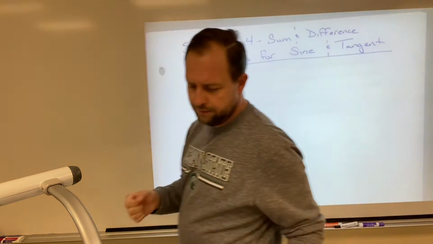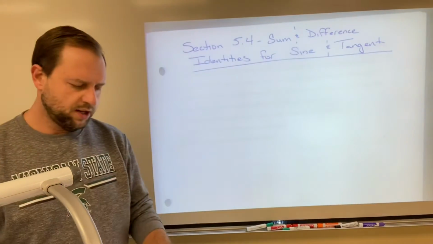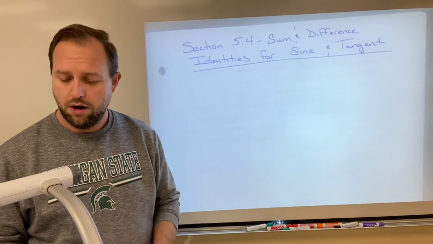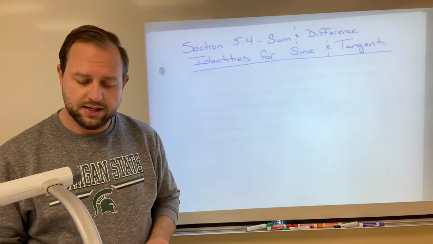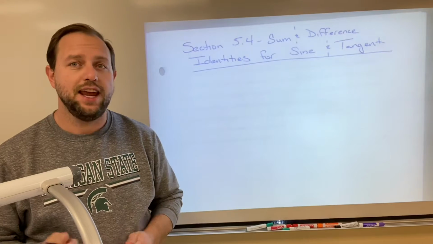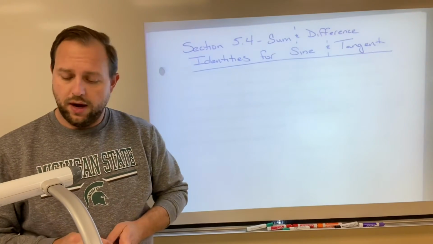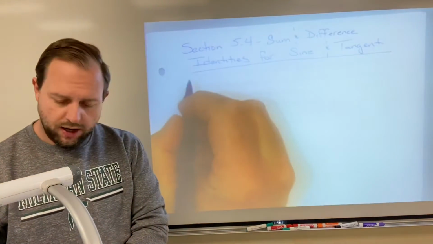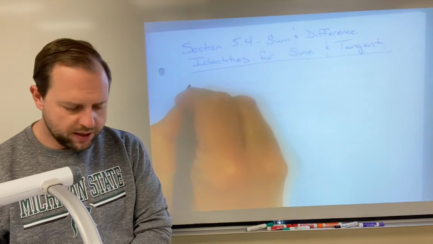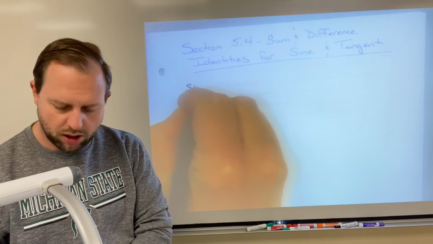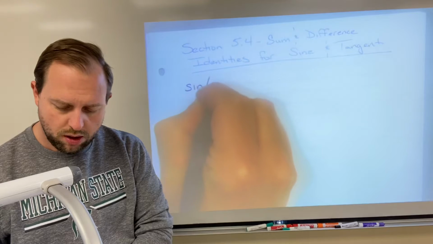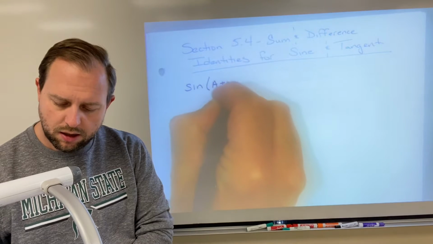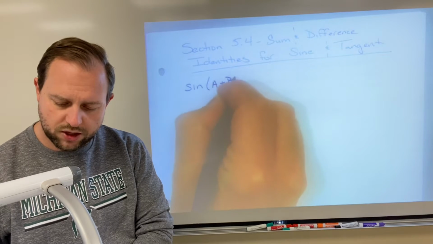Okay, good morning. We are starting section 5.4, which is the sum and difference identities for sine and tangent. As I mentioned earlier in class, the sine formulas look relatively similar to the cosine formulas we dealt with in section 3.